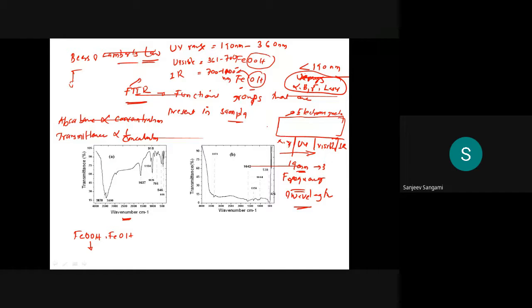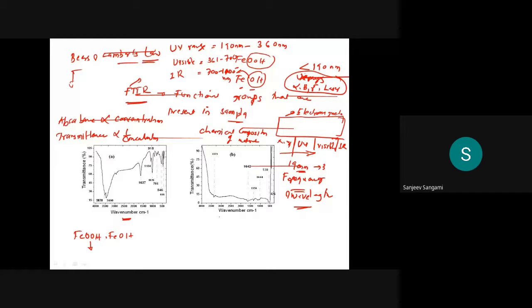Even X-ray diffraction, what we discussed earlier in the previous slide, the X-rays are responsible for finding out the chemical composition of any of the materials.